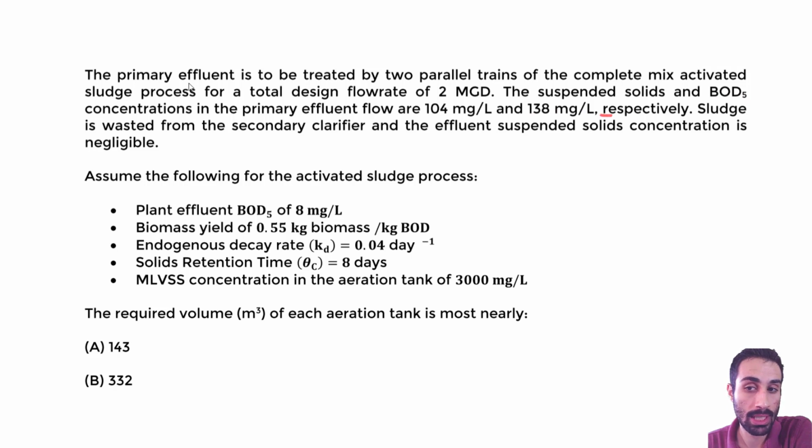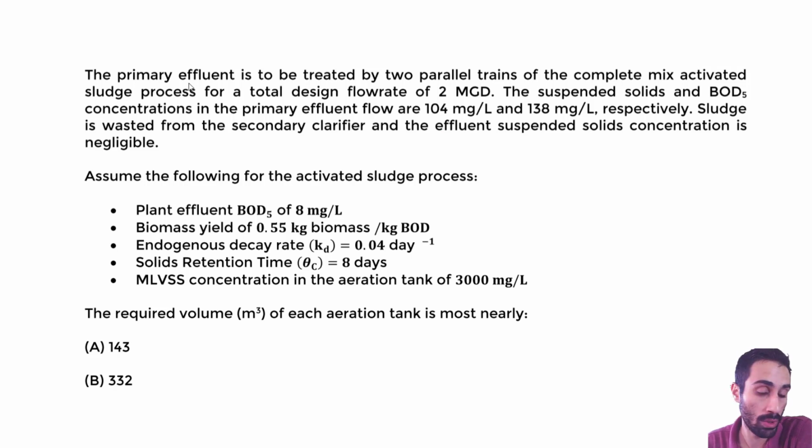So be careful: when you read sentences like that, the suspended solids is what comes first, 104, and the BOD5 concentration comes second, 138. The sludge is wasted from the secondary clarifier, and the effluent suspended solids concentration is negligible, so we can neglect that.